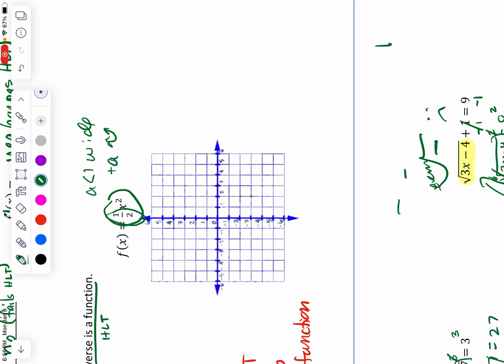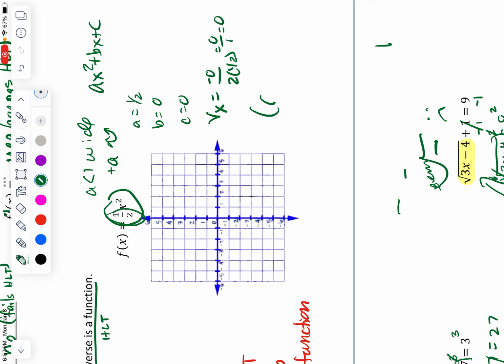And if you went back to say, hey, a is a half, but my b is 0 and my c is 0, because I don't have the rest of the bx plus c part, then when you go to find the x coordinate of the vertex, you're going to be taking the opposite of b over 2a. So you end up with 0 over 1, which is 0. And then if you plugged a 0 in, a half of 0 squared is also a 0.